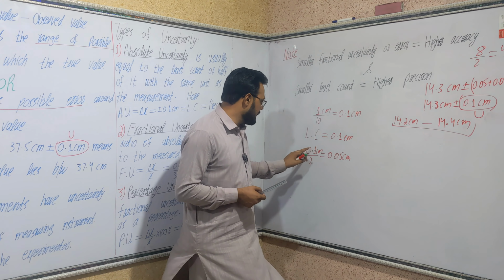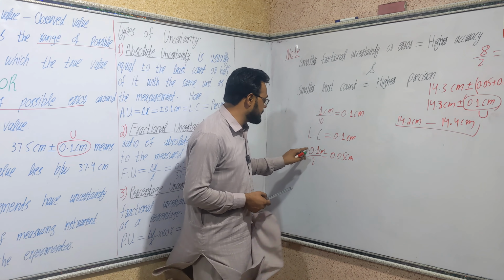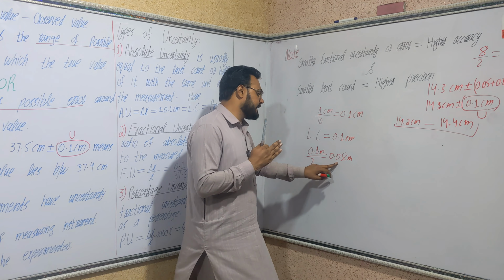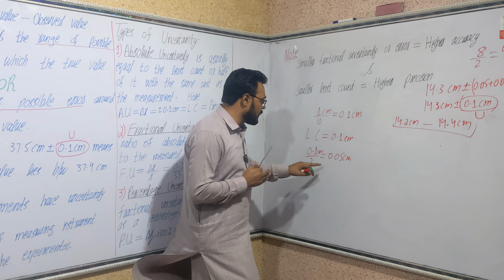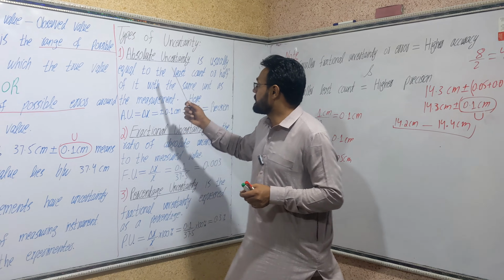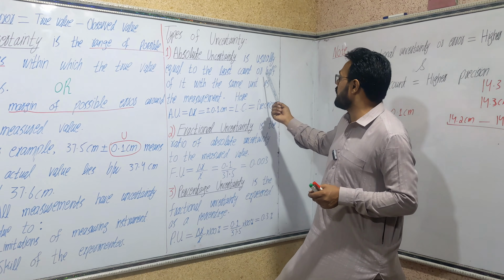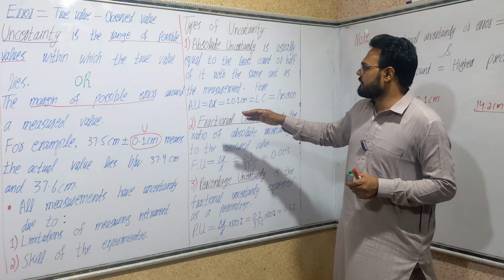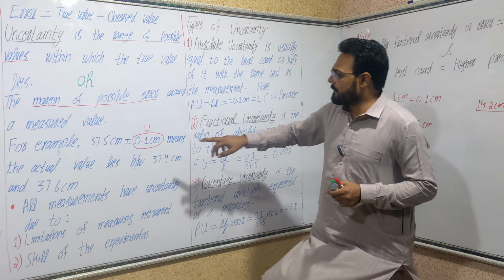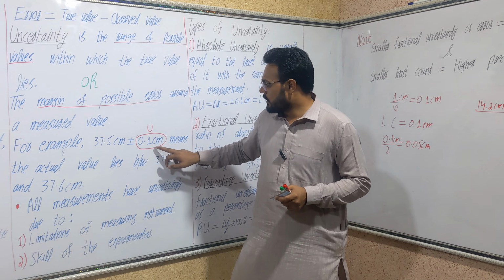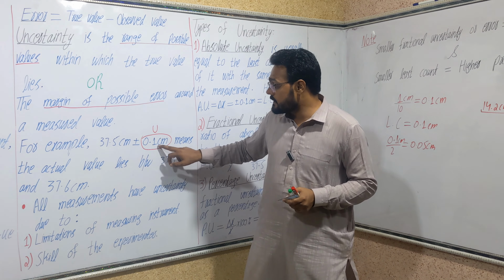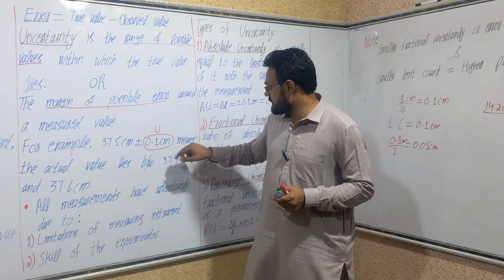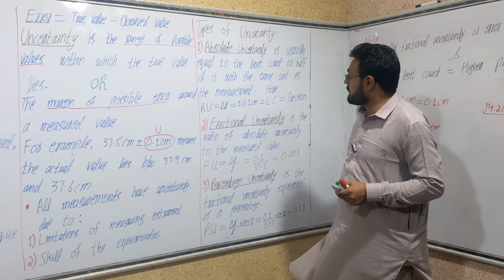So absolute uncertainty is equal to the least count or half of it, with the same units as the measurement. The measurement is in centimeter, so the uncertainty is also in centimeter, not in millimeter or meter.